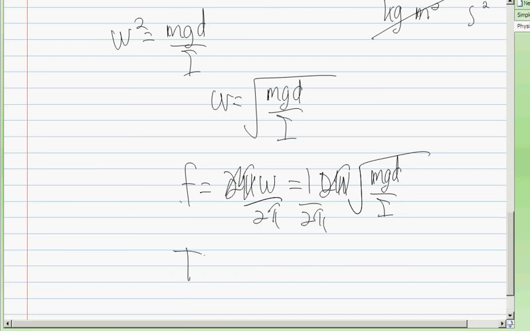And that means that the period is going to be the inverse of that, which is going to be 2 pi times the square root of I over mgd.